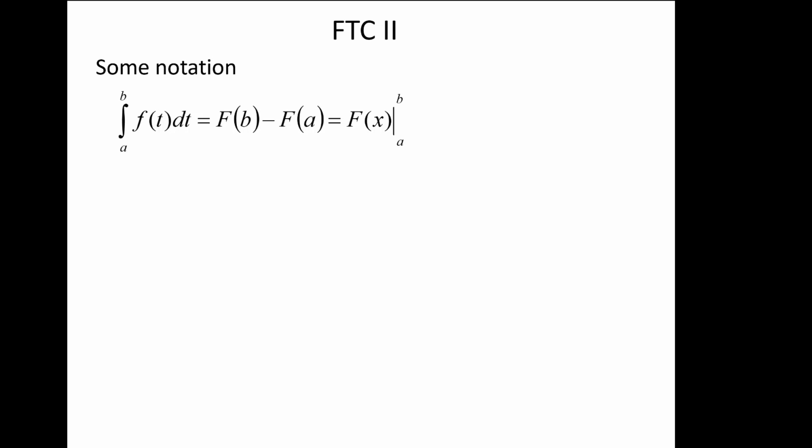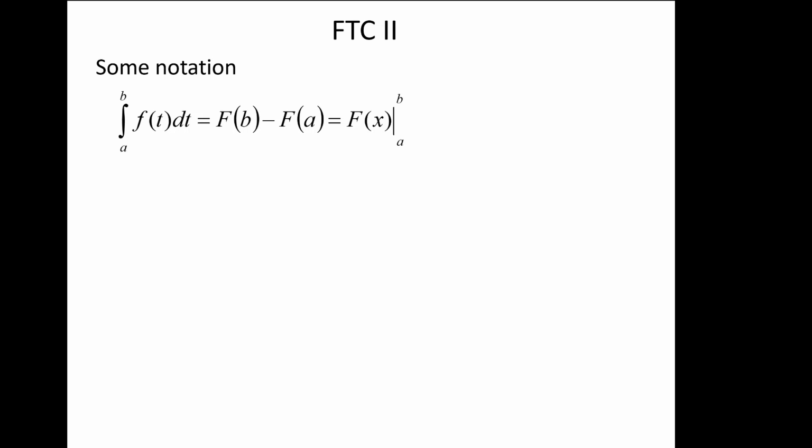The evaluation notation, so taking the function capital F of x and plugging in a number, plugging another number, and subtracting, that's indicated on the right hand side of the slide here. Capital F of x with that vertical bar line, a at the bottom, b at the top, means capital F evaluated at b minus capital F evaluated at a.